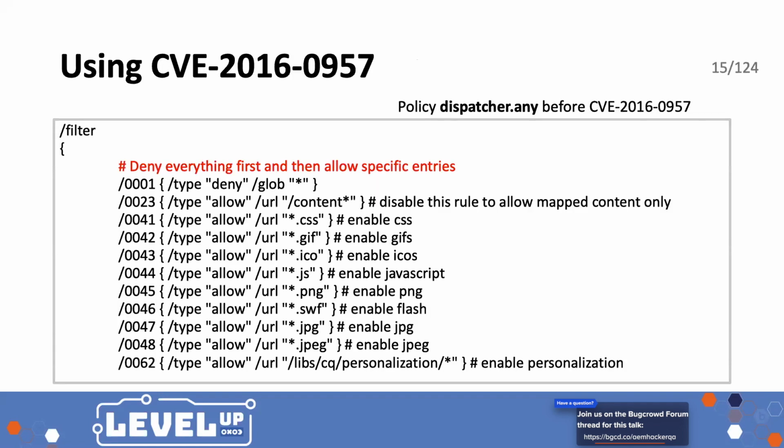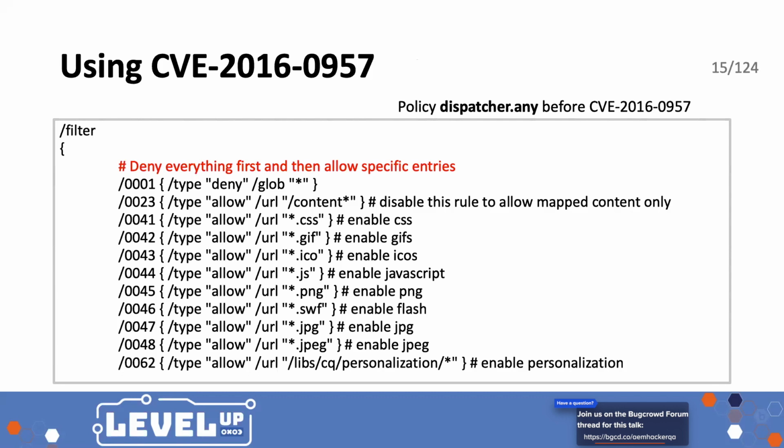Let's start with the CVE. Here you can see the minimal dispatcher policy that was recommended by Adobe before the CVE. This policy is too restrictive. Usually you extend it by adding rules that allow custom requests. A policy contains rules that are applied sequentially to the incoming request.